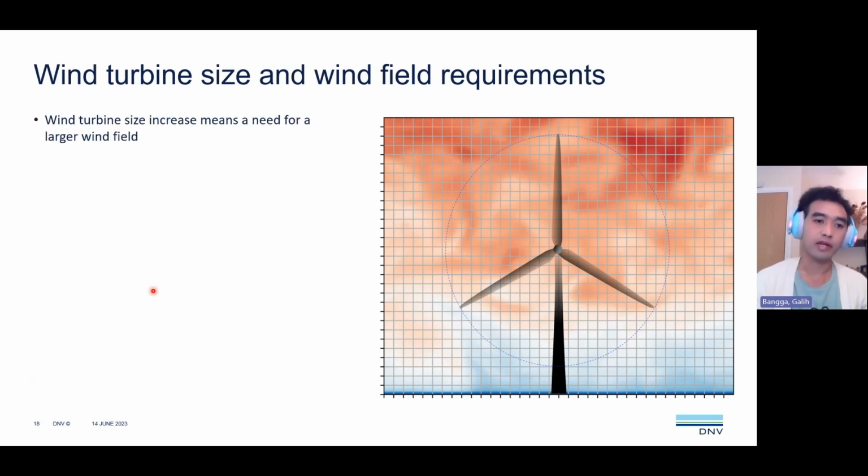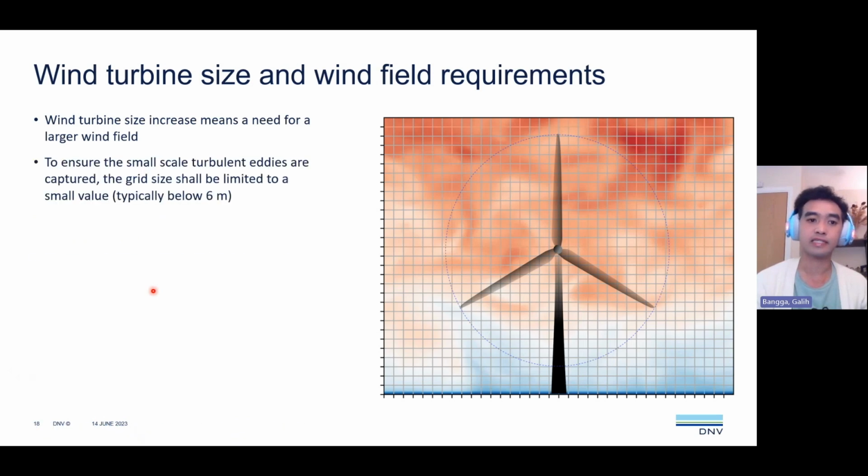The second part is very important: to ensure that the small scale turbulent eddies are captured, the grid size of the turbulent inflow file has to remain small. Typically, this is below 6 meters, so it can be even smaller than that.